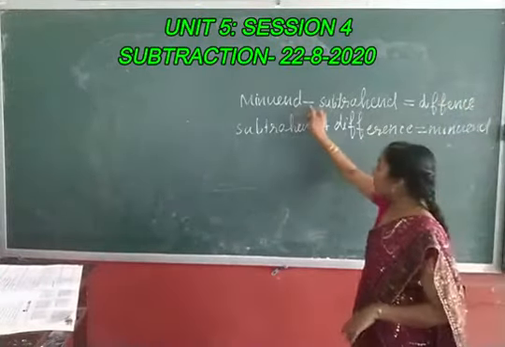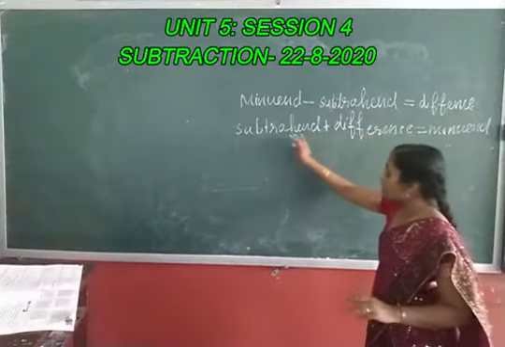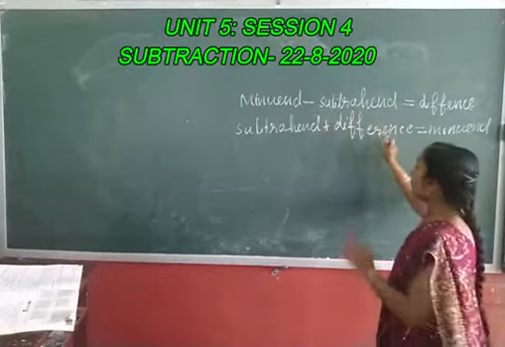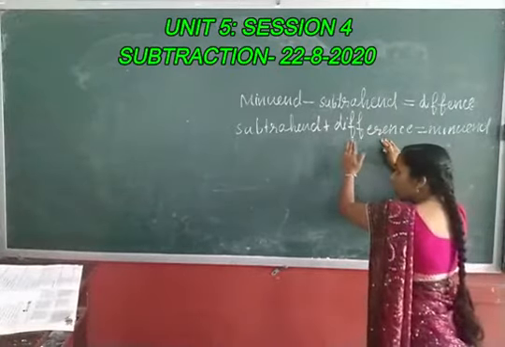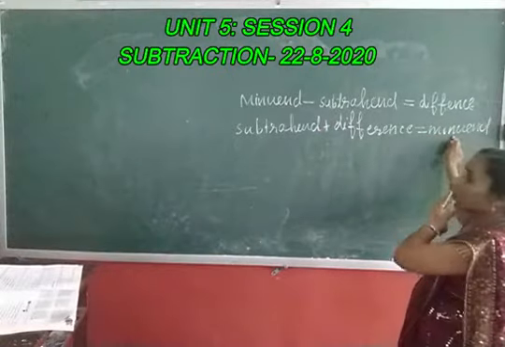Bigger number minus smaller number is equal to difference, and smaller number plus difference is equal to minuend.